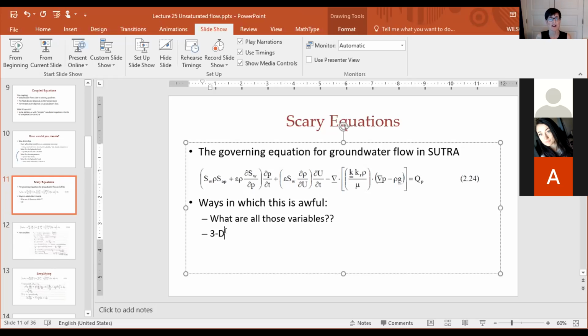But our groundwater flow equation only has 2 terms. And this one, we might guess that that's a source term. So having 4 terms isn't really the end of the world, but there are 4 terms. It's 3D, there are dels, and it has lots of terms, more than we're used to.